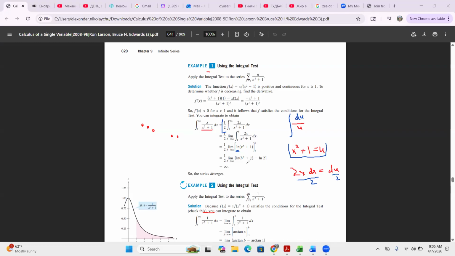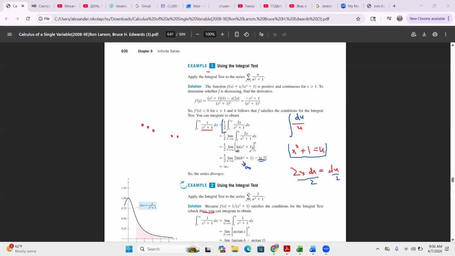And in this case, it is infinity because what you do is subtract the ln of 2, the lower value, because it's starting from x squared plus 1, so you put 1, ln of 1 squared plus 1, ln of 2. That's the lower value with a minus, and with a plus it'd be ln of b squared plus 1, and ln of b squared plus 1 goes to infinity. So that one is going to infinity, and that's why the whole thing is divergent, or infinity, and that's the point of the story.